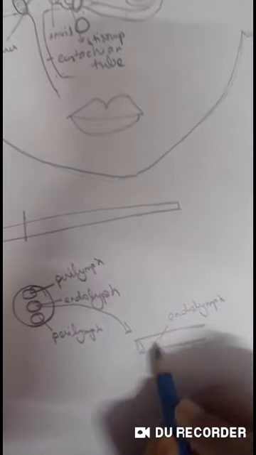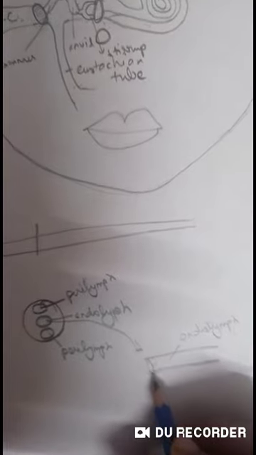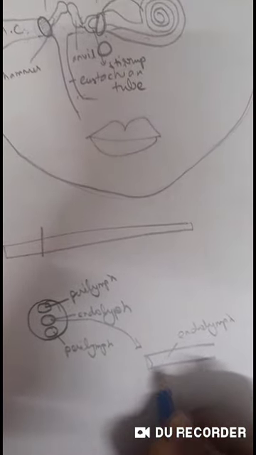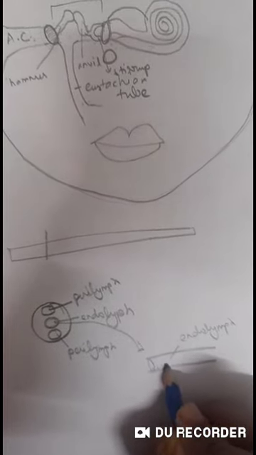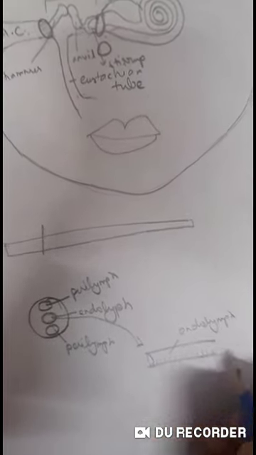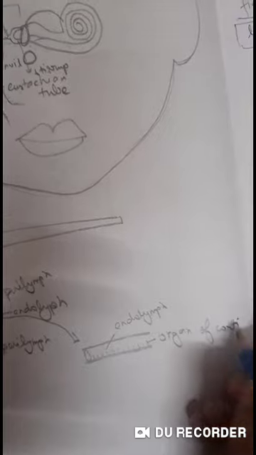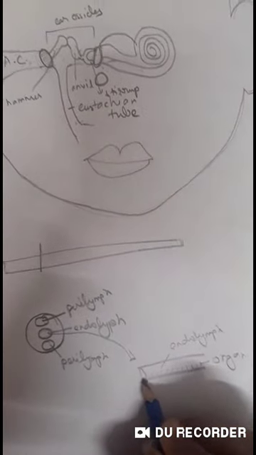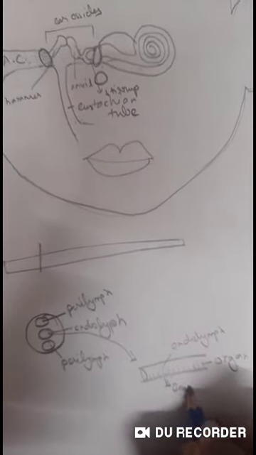Now on the base of this canal. It is known as the median canal, or cochlear canal. On the base or on the floor, it contains hair-like structures. These hair-like structures are known as the organ of Corti. And this floor, the base of the median or cochlear canal, is known as the basilar membrane.